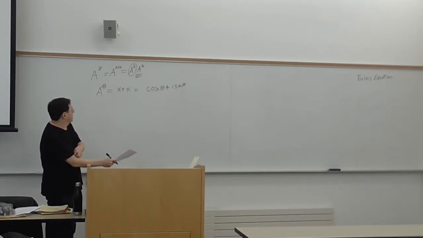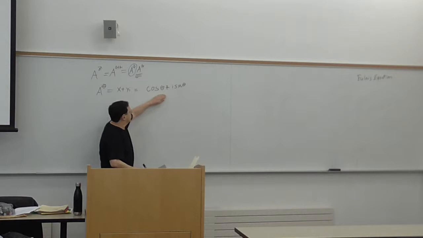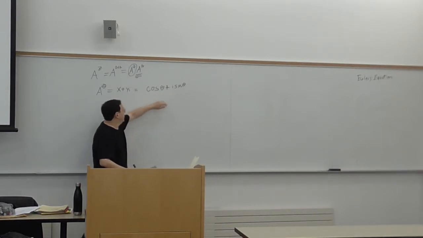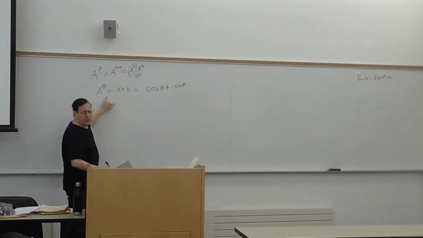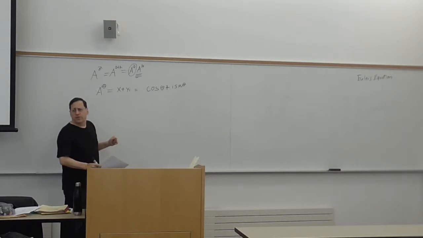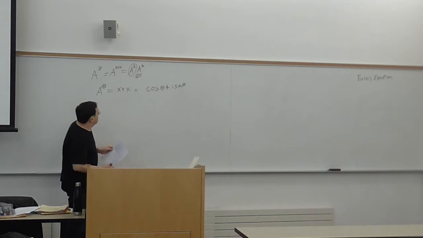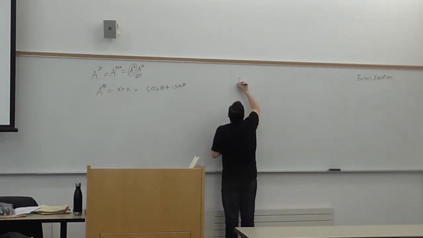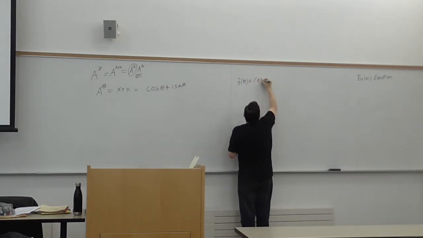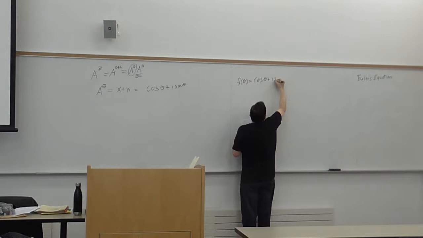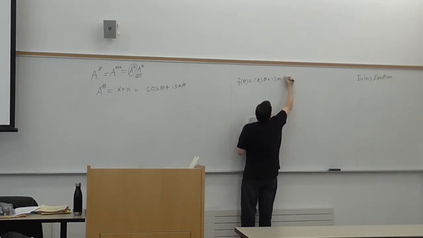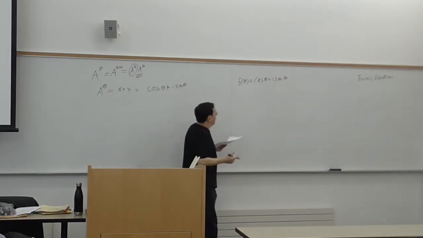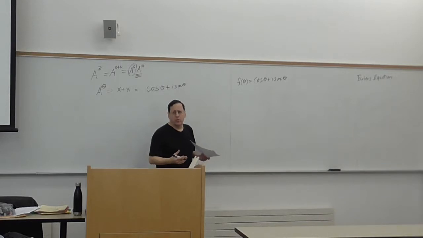I'm just pulling that out of a hat. All right, well, it would be nice if this behaved the way we would want it to. And so that's the first thing we're going to look into. Let me call this f of theta. And let's see if it behaves the way we would expect when we multiply.